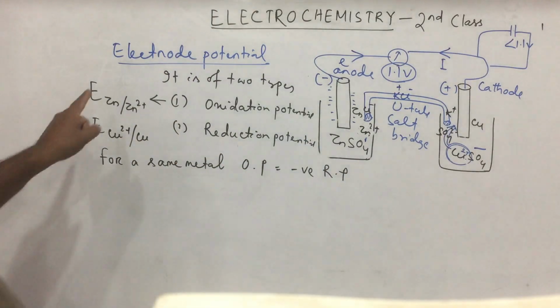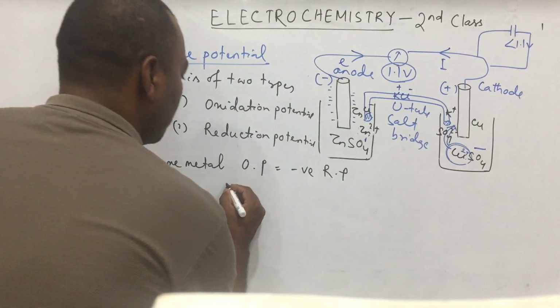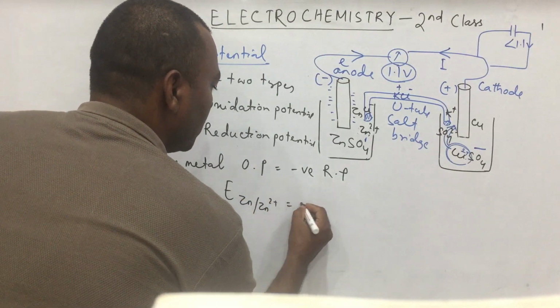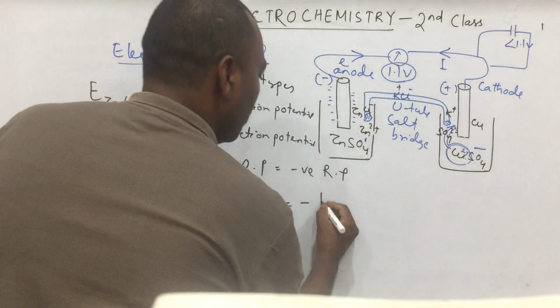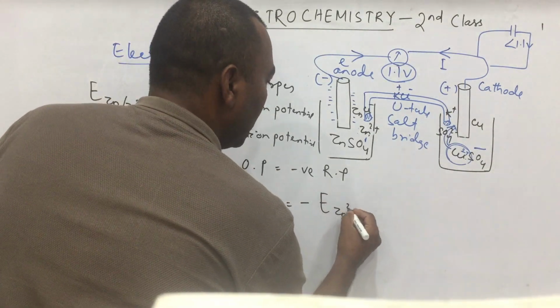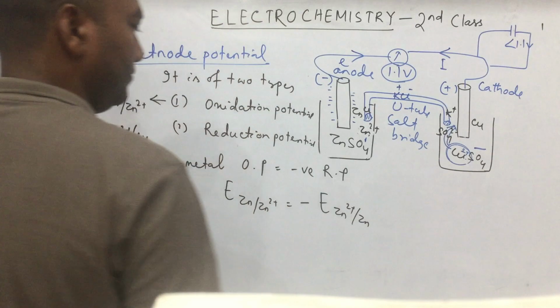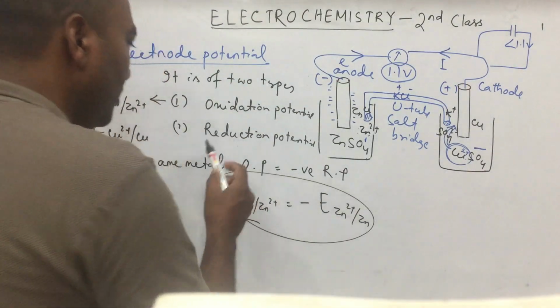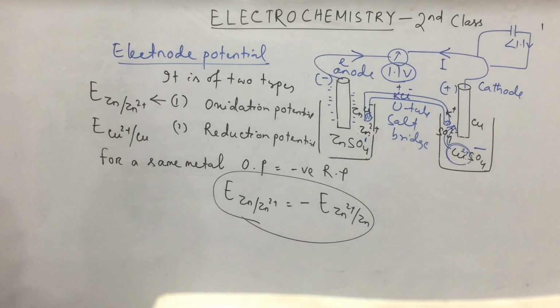For the same metal, how can we represent? Suppose E of Zn/Zn2+ equals minus of E of Zn2+/Zn. Clear? So remember this: oxidation potential equals minus or negative of reduction potential.